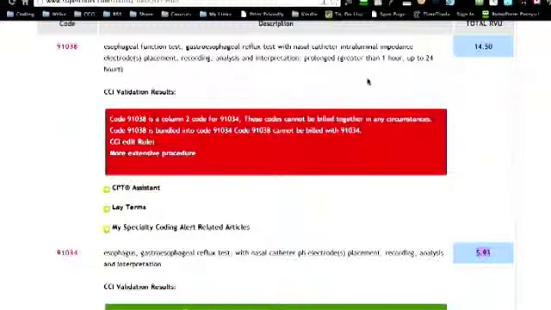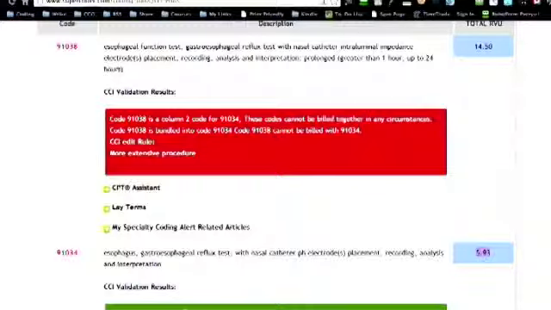So that's what you're looking for. If your documentation sounds like it supports both, and you pop both of those codes into your CCI Edit Checker and it comes up that you can't bill both of them together, well then bill the more comprehensive one. The smaller or lesser RVU one is the one that's bundled into it.